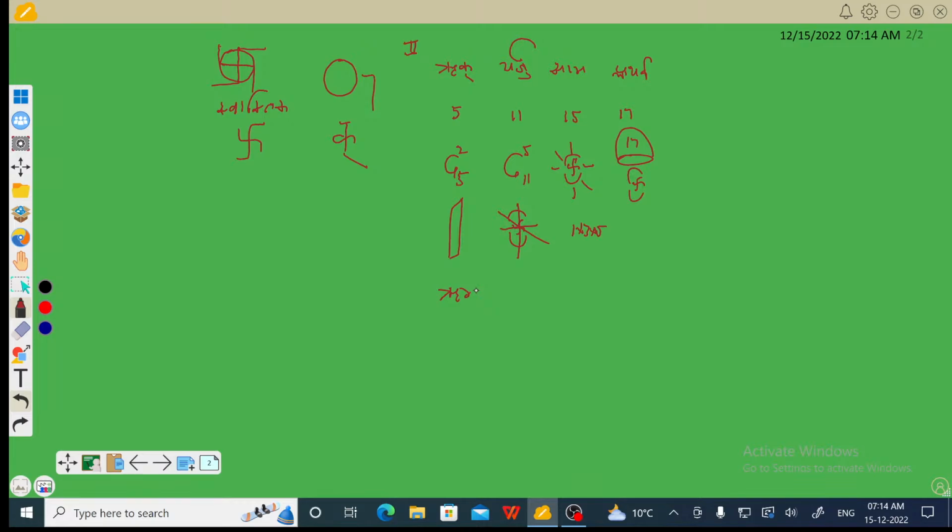27 is 3 raised to power 3, and also it is equal to the 27 structural components of a cube, which has 8 corner points, 12 edges, 6 surfaces, and 1 volume.